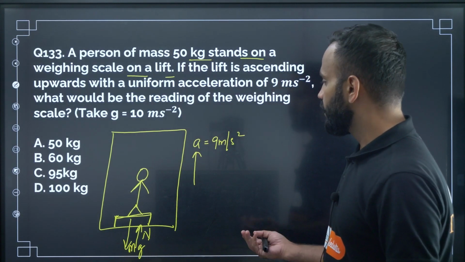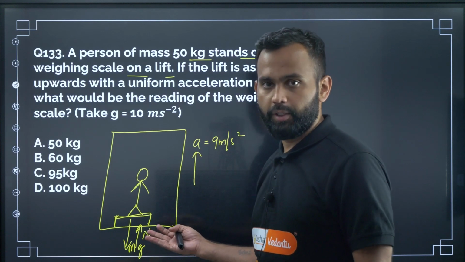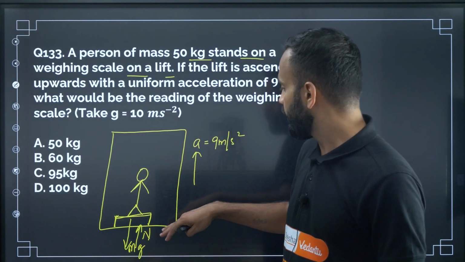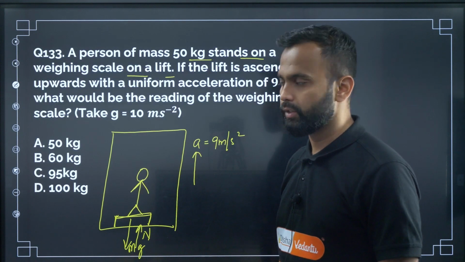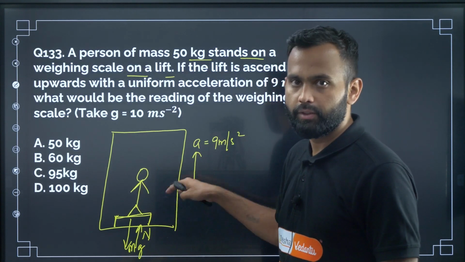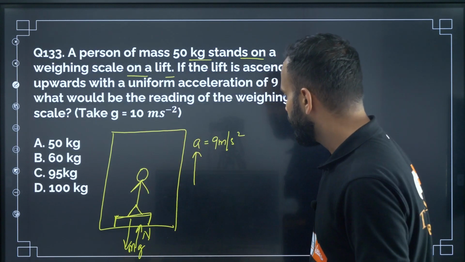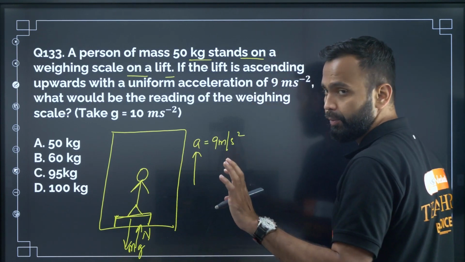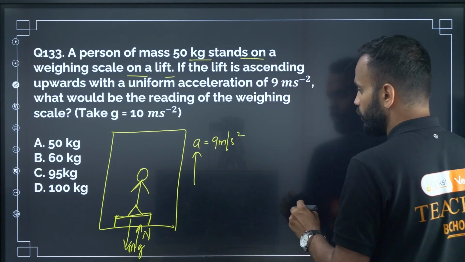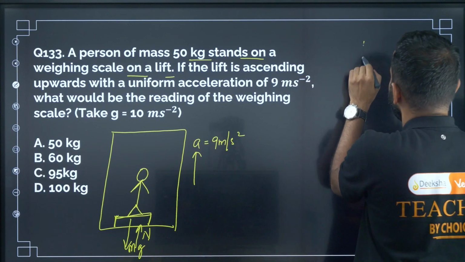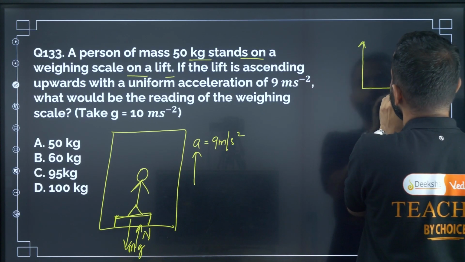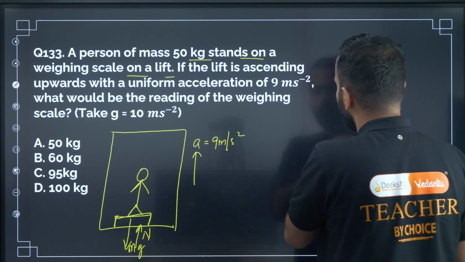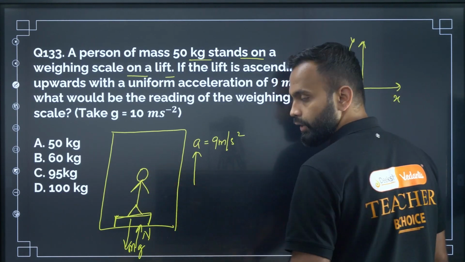Here we can solve this problem in the ground frame of reference, or the lift frame of reference, that is, the accelerating frame of reference. Now let us draw the free body diagram. This is my frame of reference, y and x. Then isolate the body.